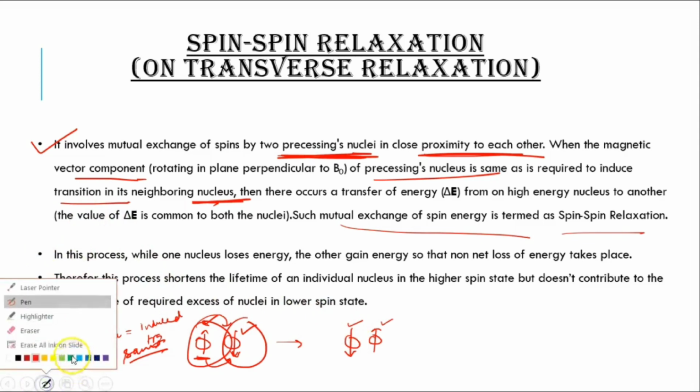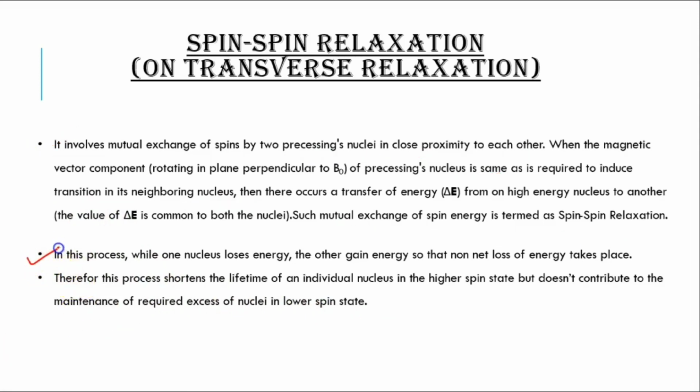Simple, right? So this is how you are going to define it, and in this process जब आपका एक न्यूक्लियस एनर्जी लूज करता है तो दूसरा गेन कर रहा है, so there is no net loss of energy, कोई टोटल लॉस नहीं हो रहा है एनर्जी का यहाँ पे.